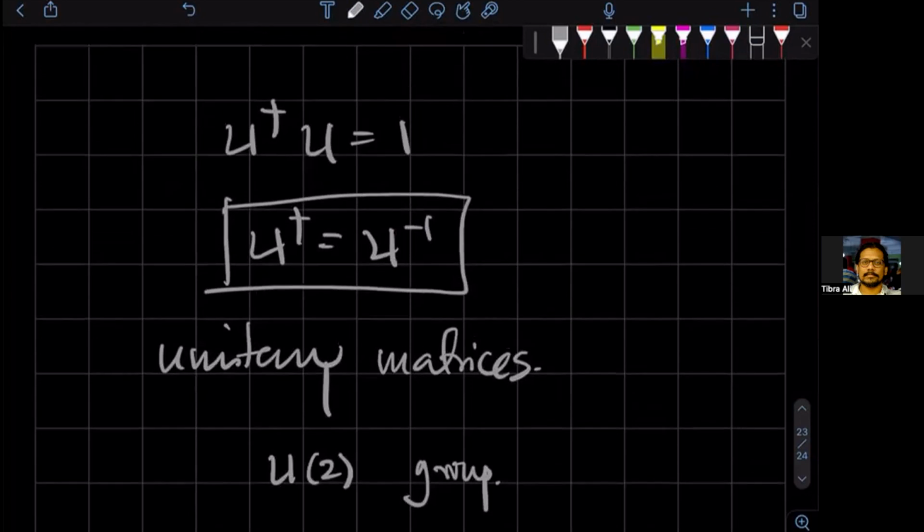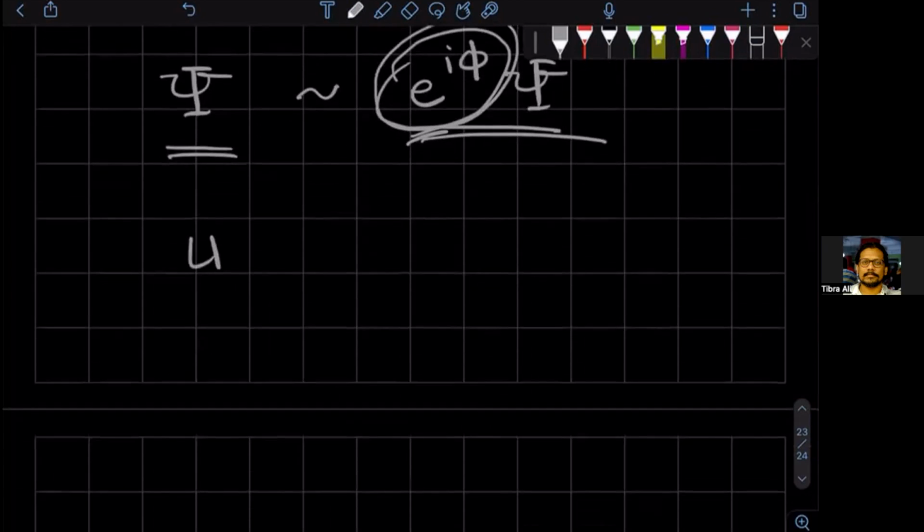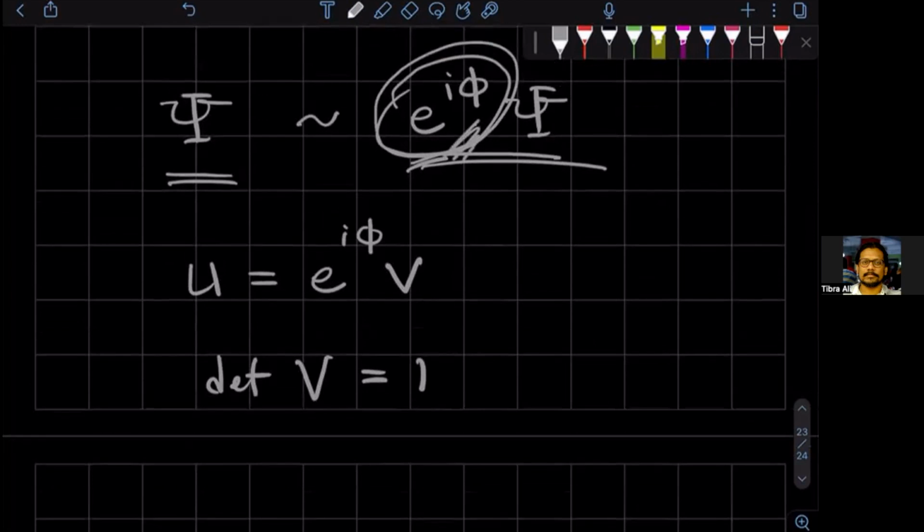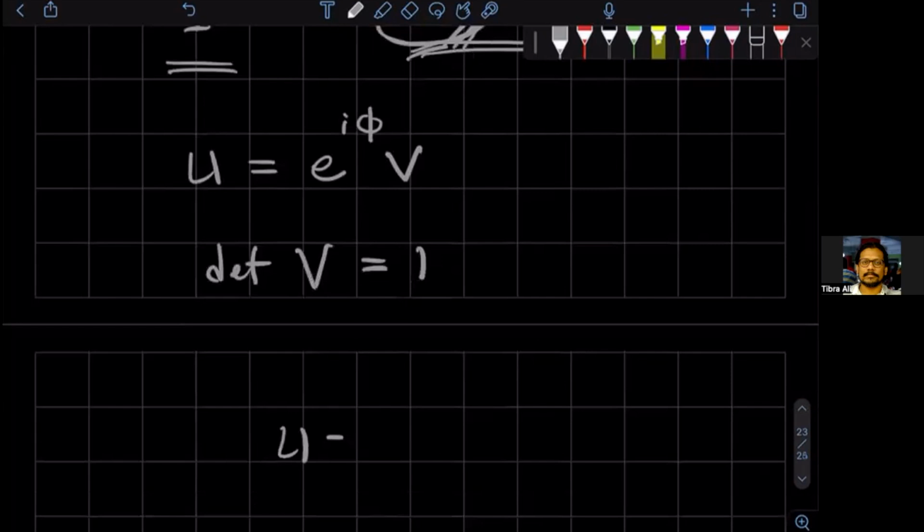And what happens with U2 matrices is that a U2 matrix can be written as a phase times another matrix V, where V has the condition that the determinant of V is 1. So using this freedom of quantum mechanics, we can set U equal to V. That is, we can set the e to the power i phi to 1, this phase factor, because it has no physical significance.